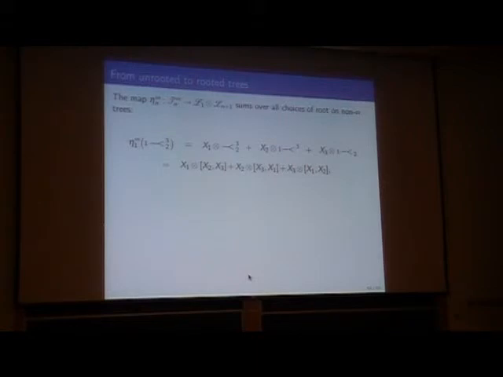Okay, so the trick to get from this twisted intersection invariant to the Milnor invariants is we have to get from these unrooted trees into these rooted trees. And this really nice map, which is sort of the obvious one, sums over all choices of a root. So here's an example. If you have this unrooted tree, you just, one by one, choose roots.